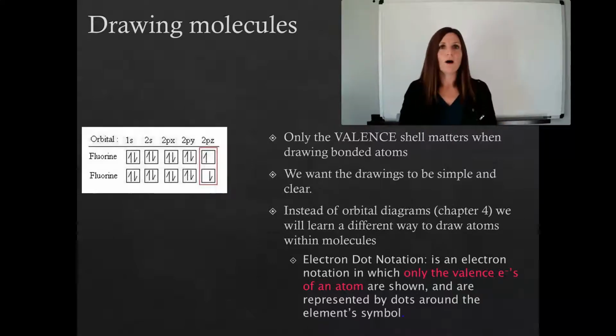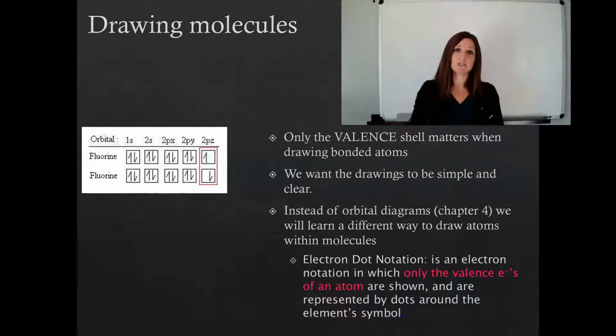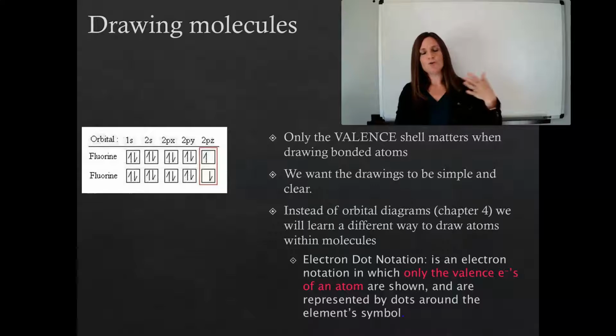In chapter 4, we learned how to draw an electron configuration like this one that we see here on the slide. This is the electron configuration for fluorine, and so it has 1s2, 2s2, and then 2p5, so 5 electrons in its outermost p subshell.